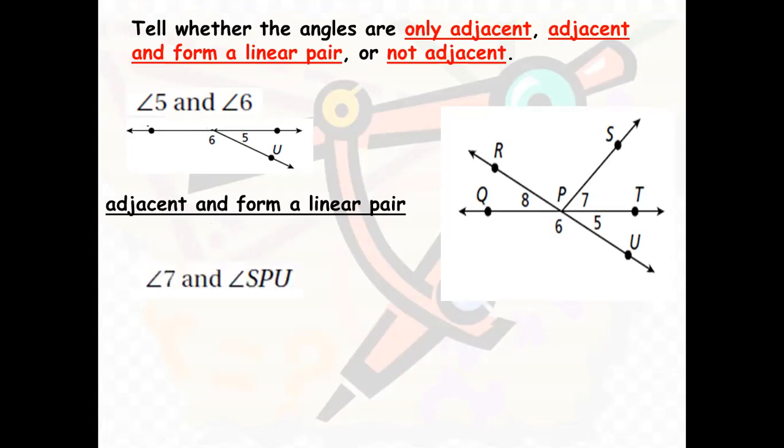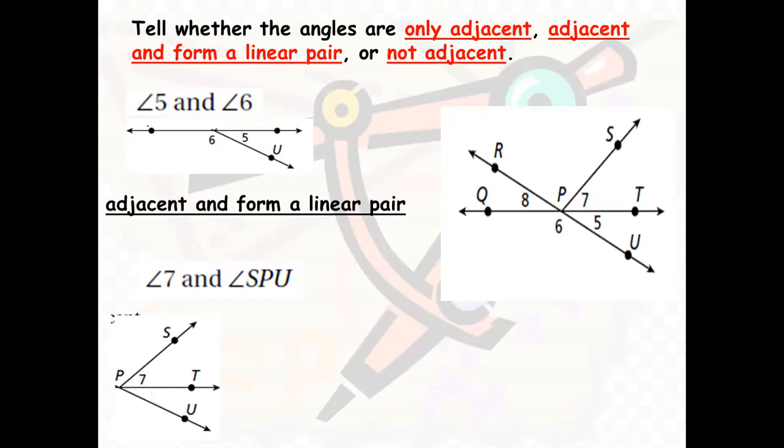Okay, now let's look at another one, angle 7 and angle SPU. If I remove angle 7 and angle SPU from there, you could get something like this. So you only concentrate on the information which they're asking. As soon as you see, it's not linear because they're not angles on a straight line.